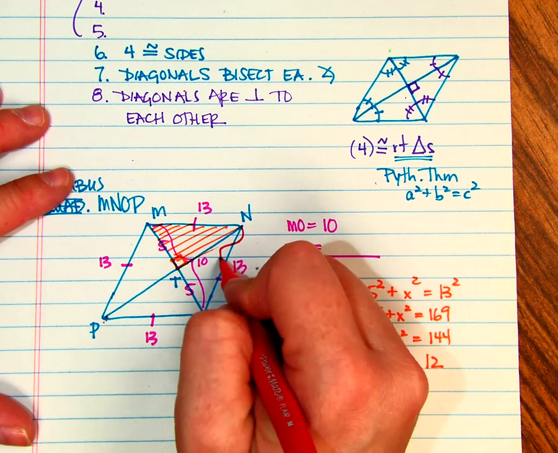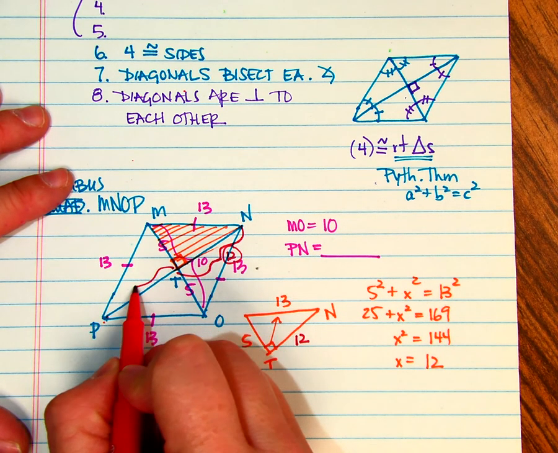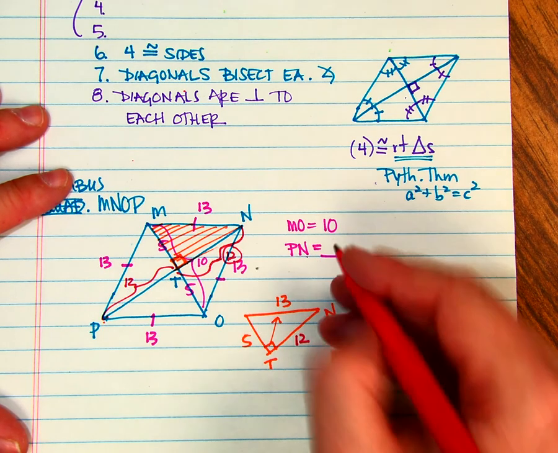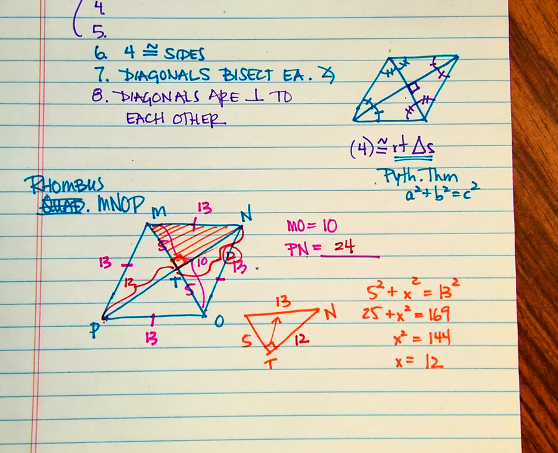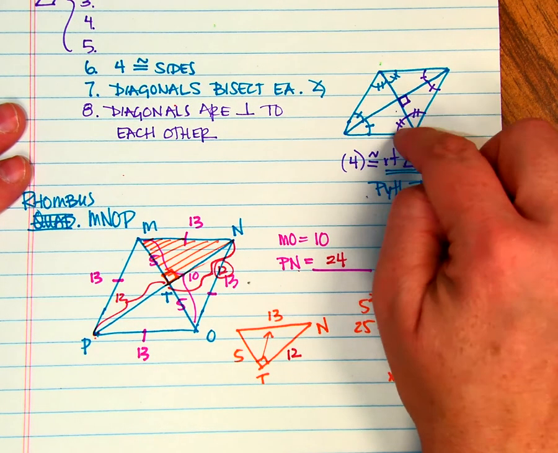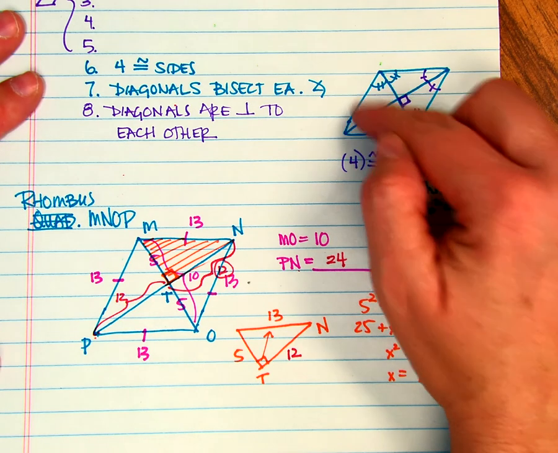So if TN is 12, then that means PT is also 12, which means PN is 24. So that's going to be one of the ways that you're going to be using the properties of a rhombus, using the fact that the diagonals are perpendicular to each other. And don't forget about what we did up here with alternate interior angles and the fact that all the sides are congruent.